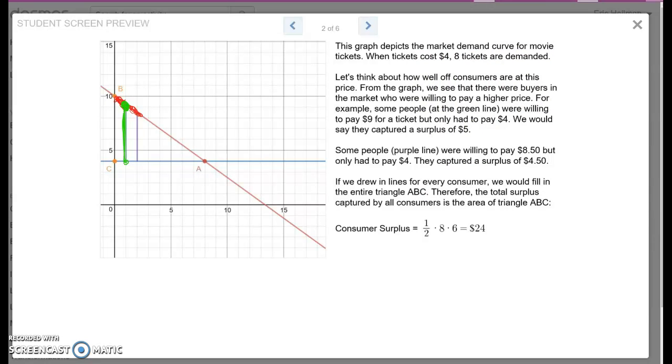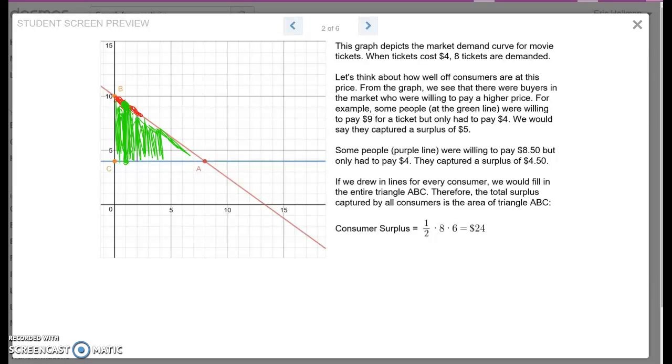Everything in between is a surplus that they captured because they were willing to pay $9, but they only had to pay $4, so they captured a surplus of $5. And each person along this demand curve, no matter where they are, they captured that surplus. So all the people who actually bought tickets, they captured surplus, all of them.